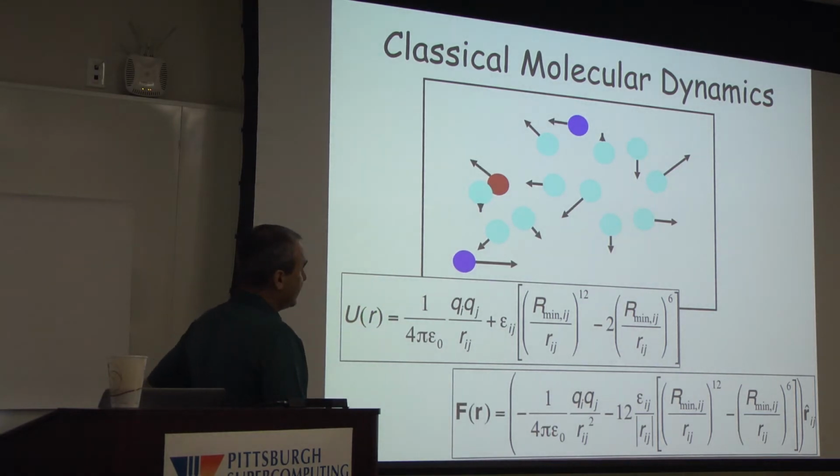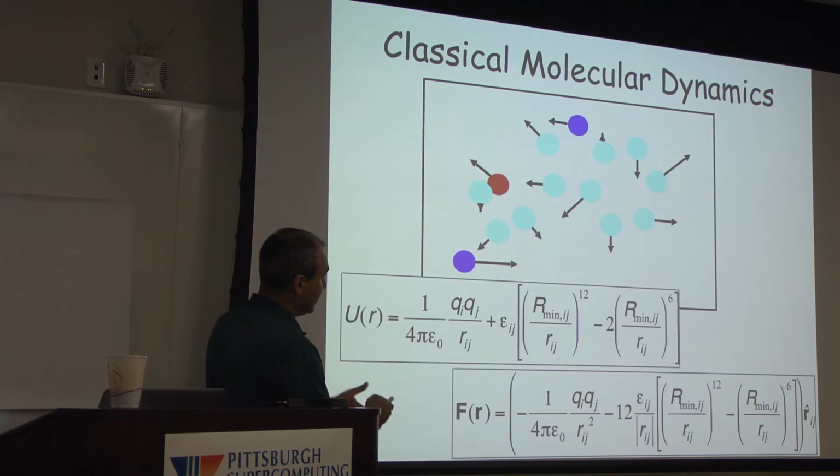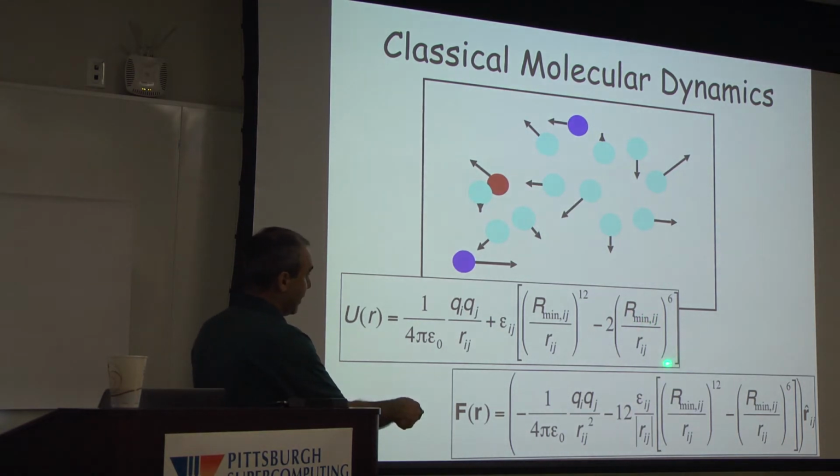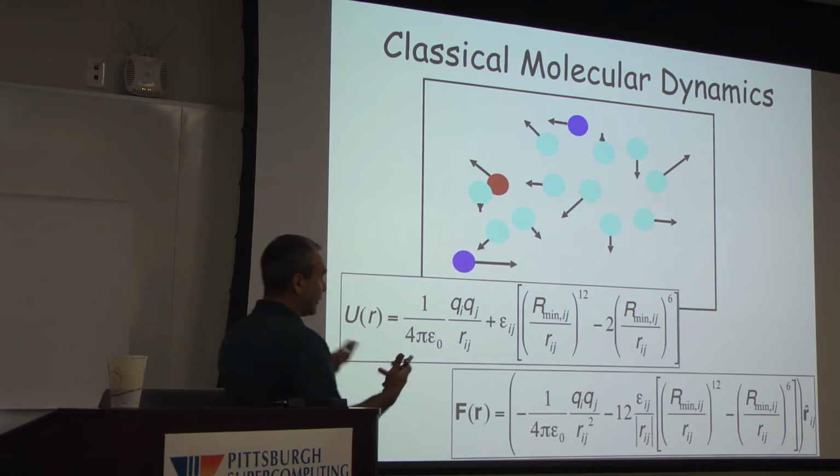So there are two types of interactions between these. We have what we call non-bonded interactions. One of them is the universal interaction term here. Every pair of atoms in the system will be subject to this interaction, which comes from van der Waals interaction.